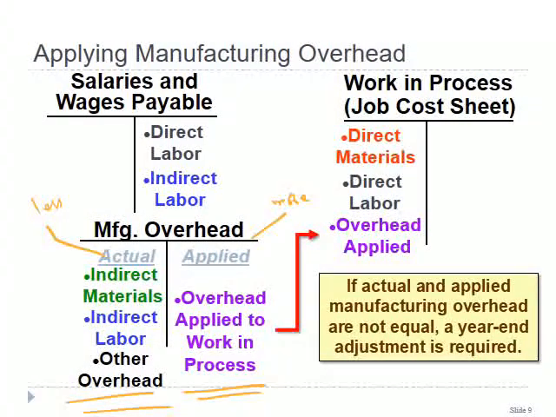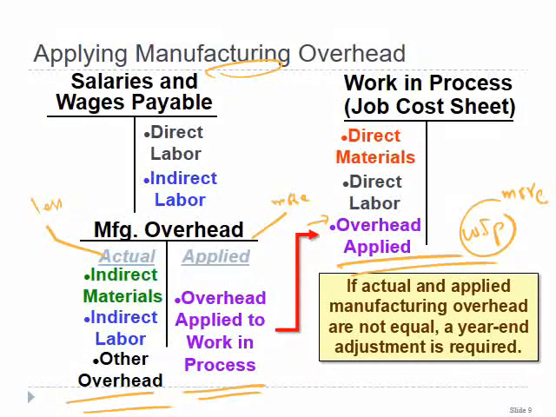When we apply overhead to a particular job, we debit work in process inventory and credit manufacturing overhead. So the amounts on the credit side of manufacturing overhead represent overhead applied, right? If we apply more overhead, our work in process cost will be more.